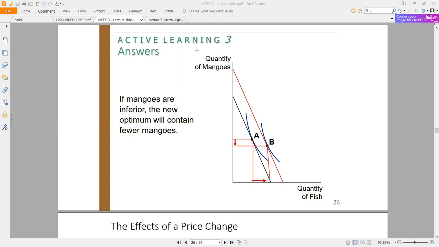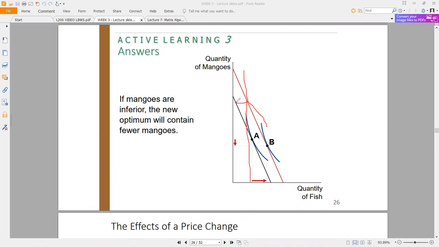We could also draw this for the case where fish is the inferior good and mango is a normal good. If that's the case, the new indifference curve will come somewhere here. So this is going to be the quantity of fish, and that will show a reduction from the previous one.